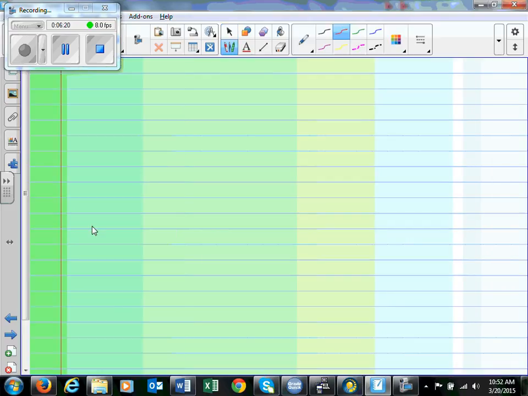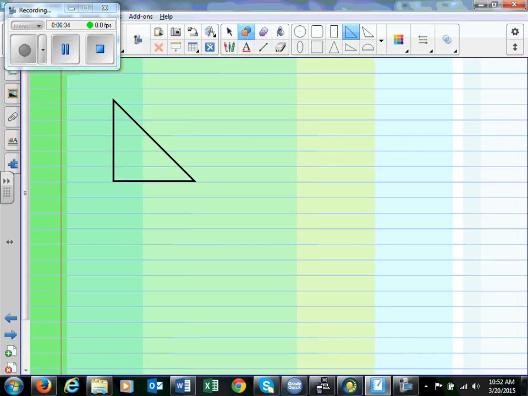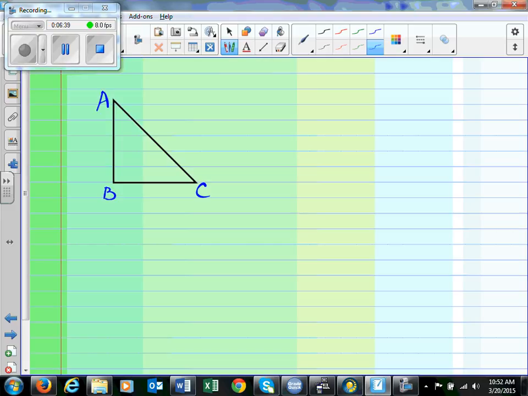So let's take a right triangle with vertices A, B, and C, and let's take the reference angle to be A, and we will write the 6 trig ratios. Take the basic right triangle, which has measurements 3, 4, and 5. So here all 3 sides are given.